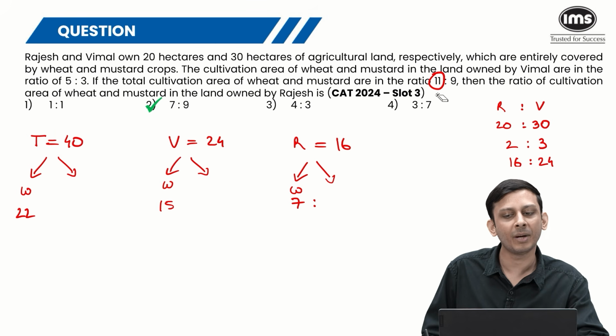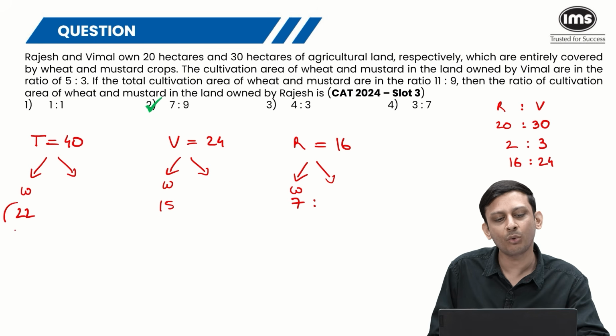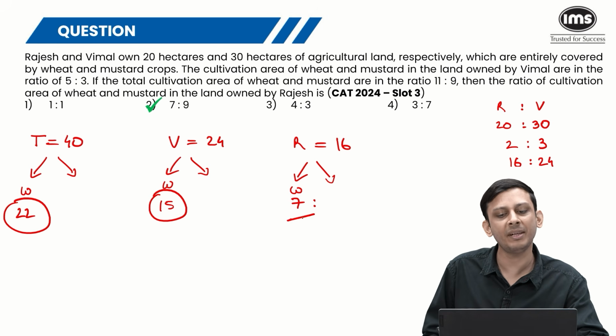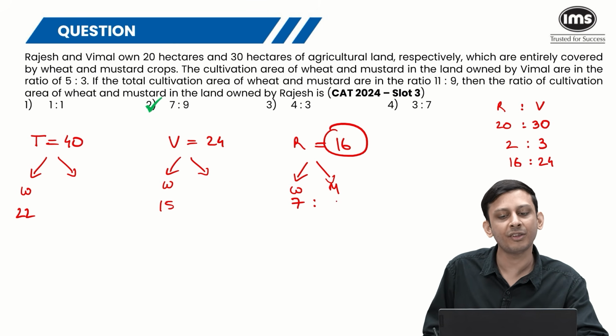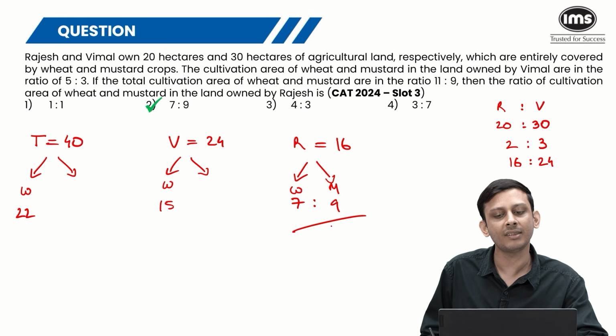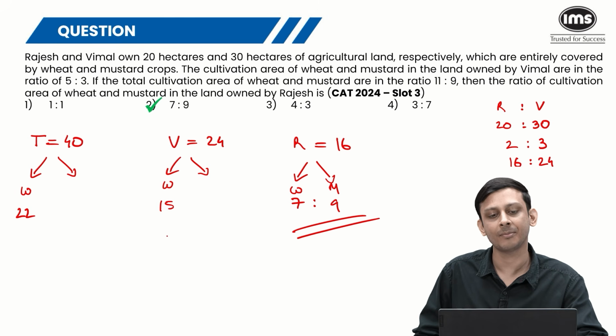Then similarly for Vimal, if I had just calculated 5 into 3, 15, then I could have easily seen for Rajesh, 22 minus 15, wheat will be 7. And then out of his 16, if wheat is 7, then of course the mustard will be 16 minus 7, which will be 9. So 7:9. So this would have made the solution even faster. See how many calculations we are doing and how long that will take.